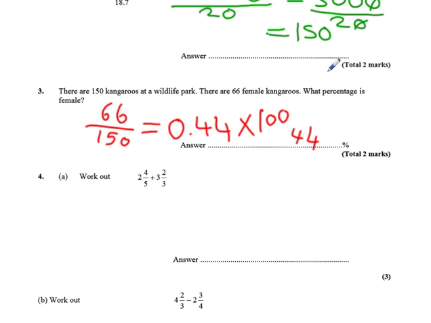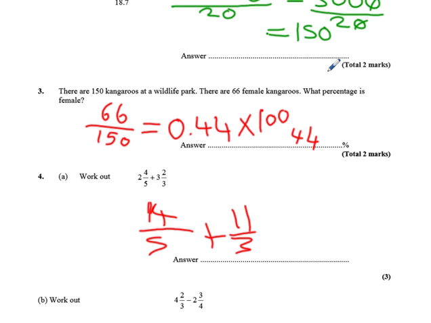You start it off by making it top heavy. So you do 14 over 5. Add 11 over 3.